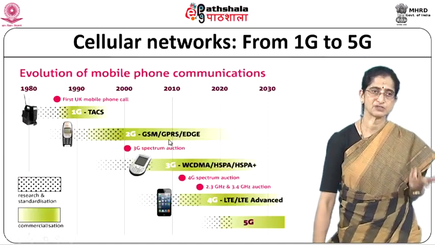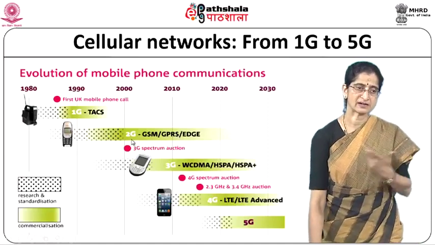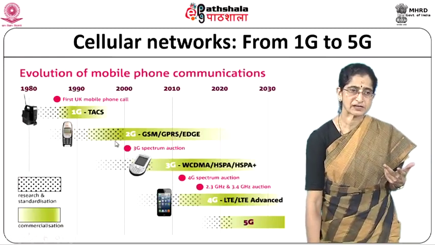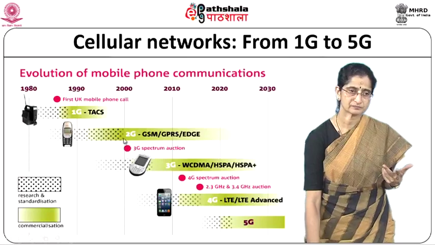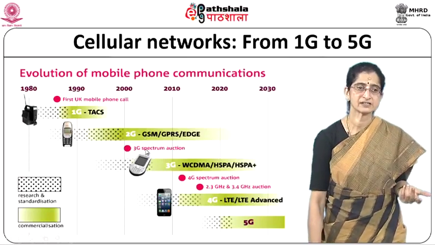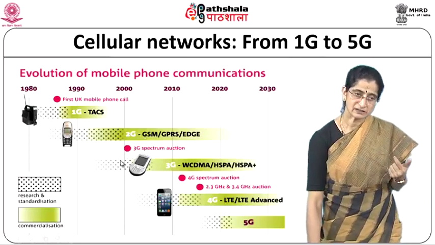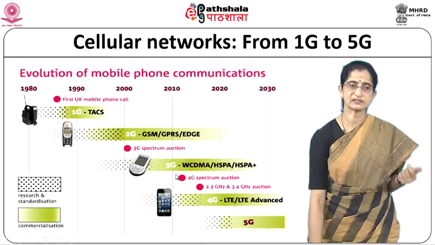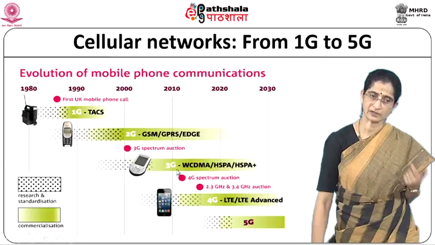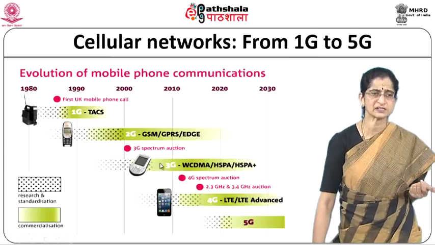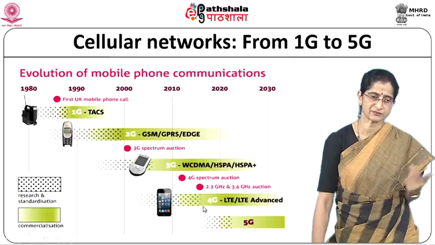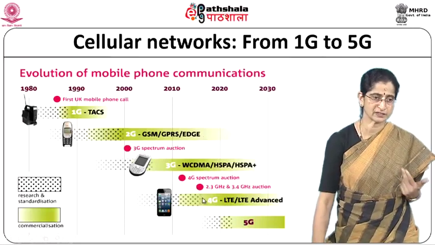So we have GSM, GPRS, EDGE as various standards that have been used in 2G. Then the 3G spectrum auction happened around the time when 2G was standardized. At that time the research for 3G had almost started, and around 2010 you can see that 3G had been standardized, and 4G has been standardized starting from 2012, 13 and so on.